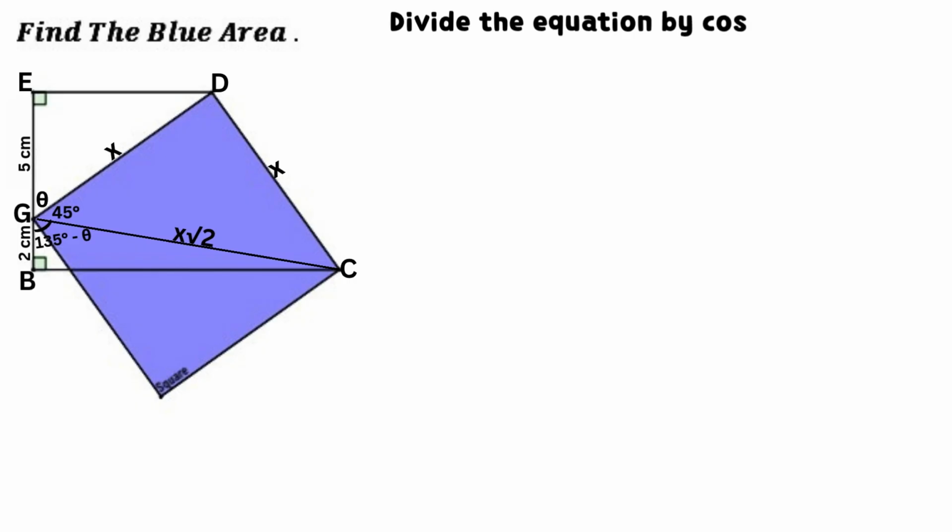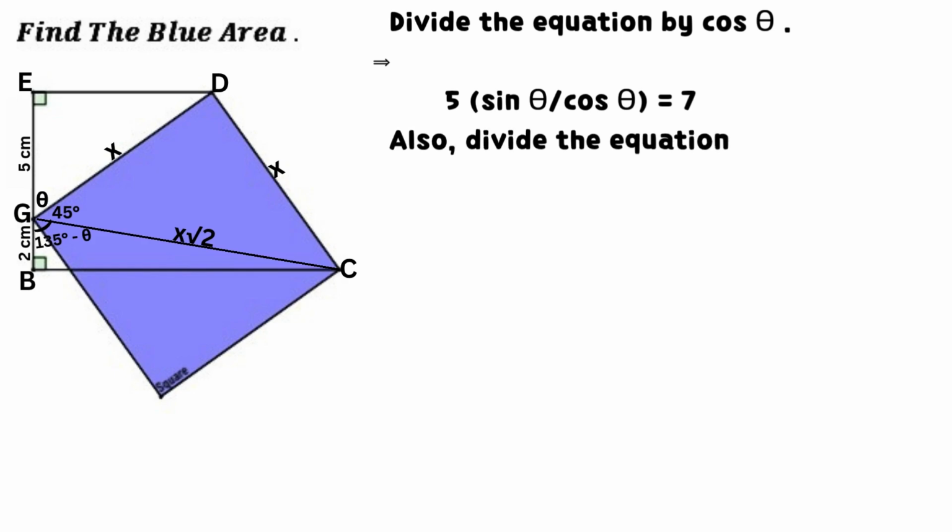Divide the equation by cos theta. This implies that 5 times sin theta divided by cosine theta equals 7. Also, divide the equation by 5. It follows that sin theta over cosine theta equals 7 over 5.